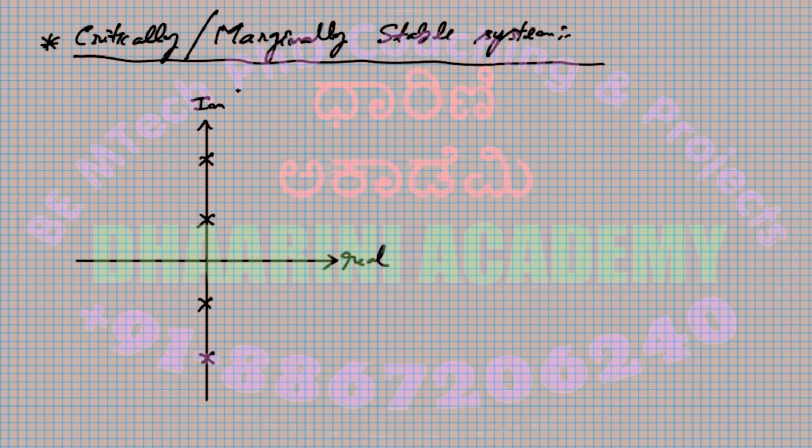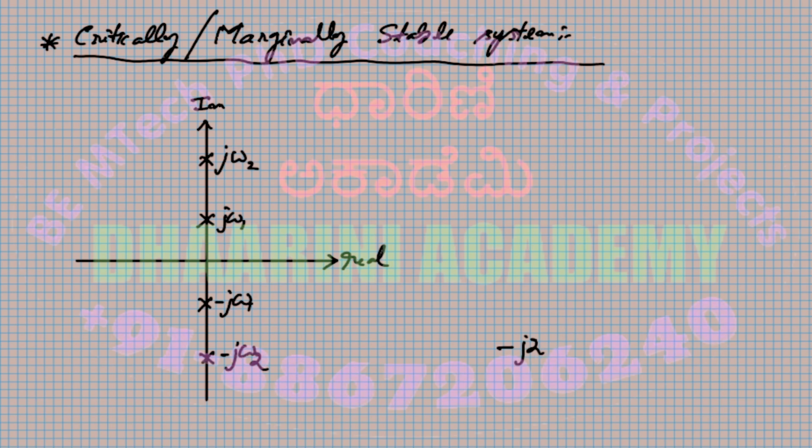For example, I'll write like this: say this is j omega 1, this is j omega 2, minus j omega 1, minus j omega 2. You see the omega values are not repeated. It's not like at the same point, say minus j2, I have two roots.